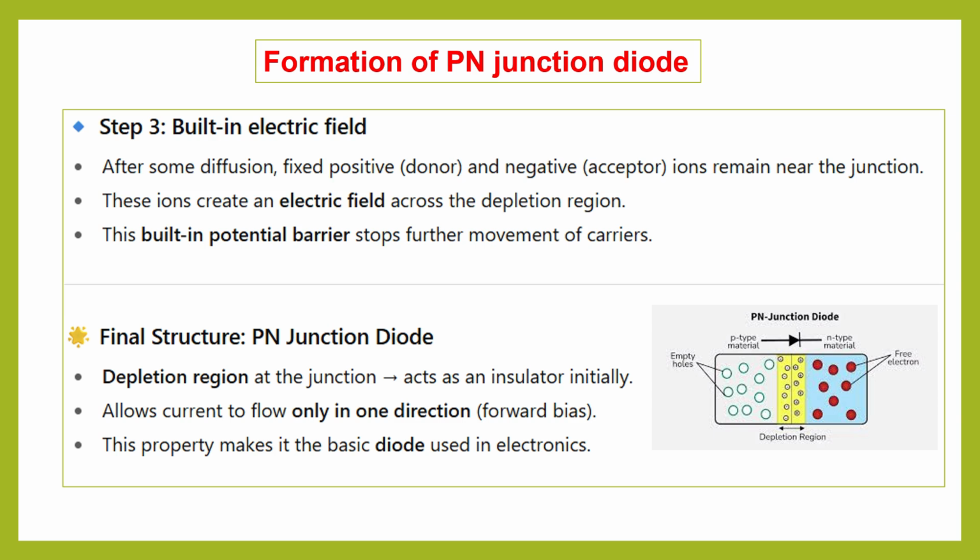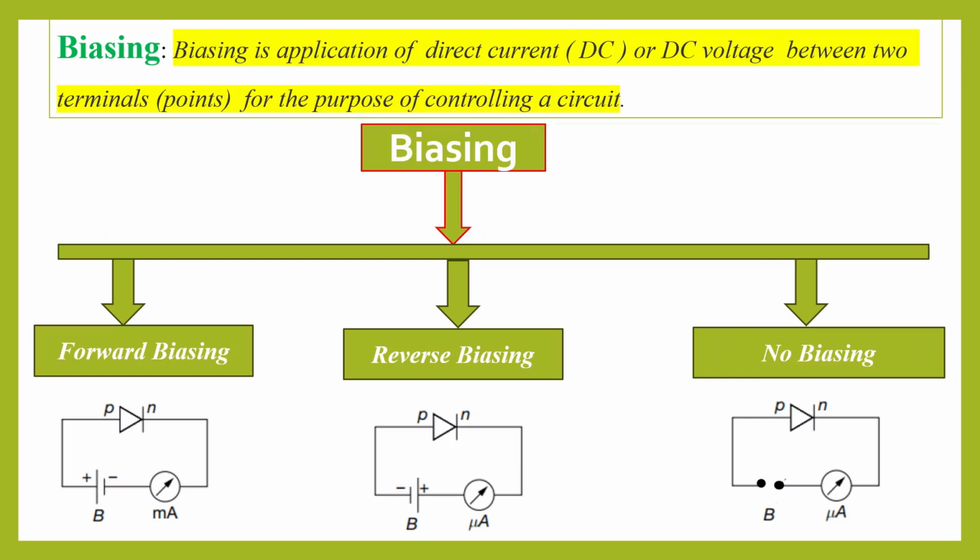So basically these diodes are active components. Active components means that in order to work with them we have to apply voltage or current. The application of DC voltage between two terminals is known as biasing.